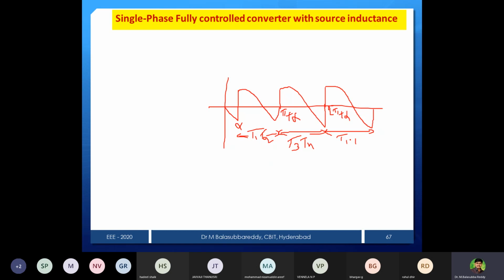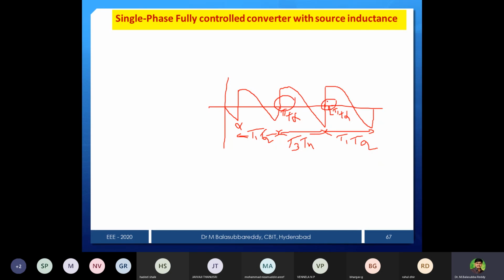So this shows that the instant at which T1, T2 turn off, immediately T3, T4 fire, if no impedance is offered by the source. But practically it will not be so.